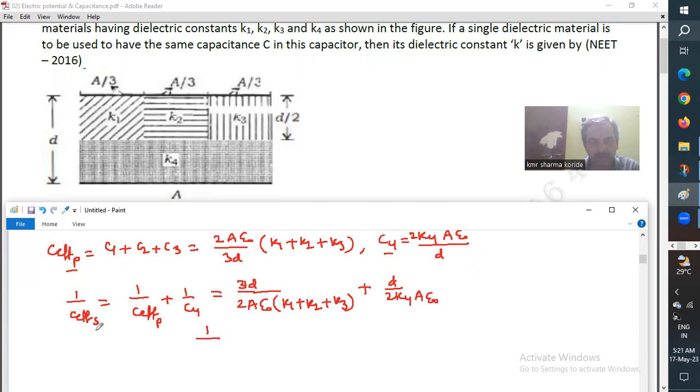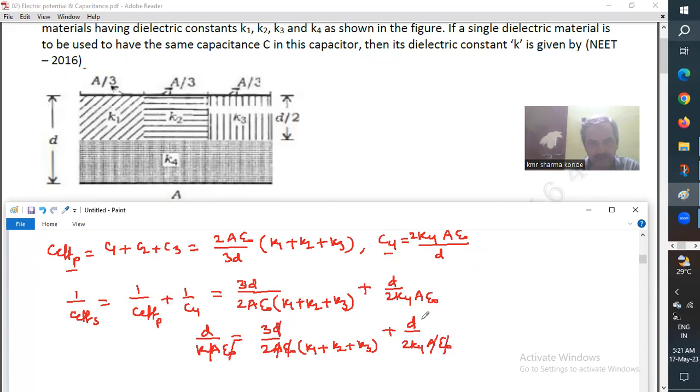Now 1 by C effective. C effective can be written as K effective A epsilon naught by D. So therefore, this is 3D by 2A epsilon naught into K1 plus K2 plus K3 plus D by 2K4 A epsilon naught. So A epsilon naught, both the sides get cancelled.